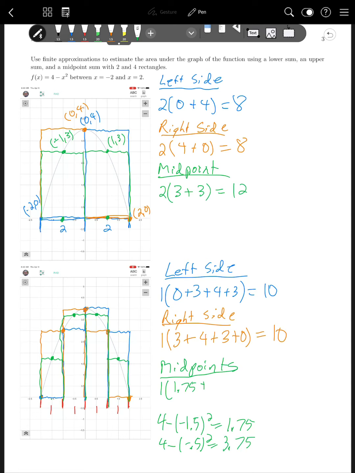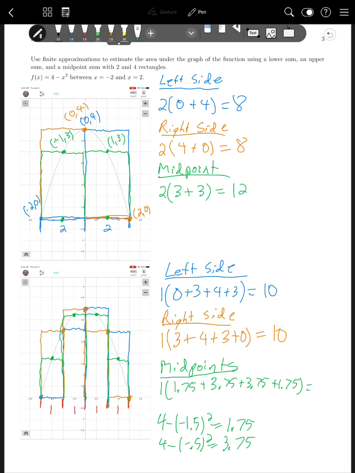So that's 1.75 plus, and then we could do 4 minus negative 0.5 squared, which is 3.75.